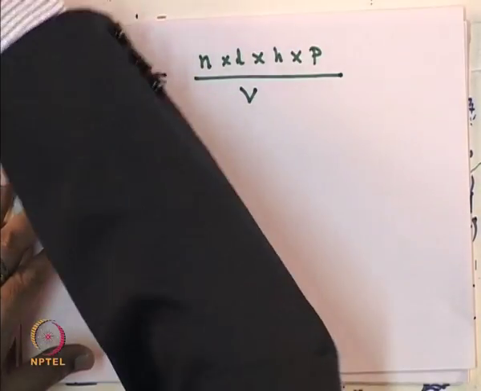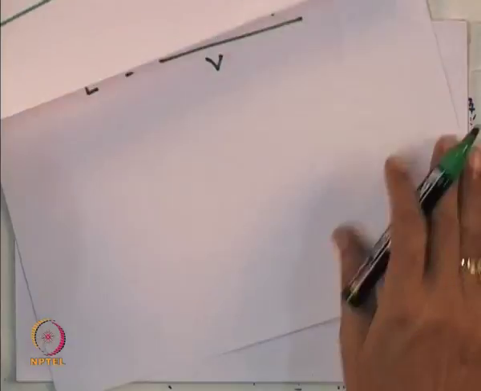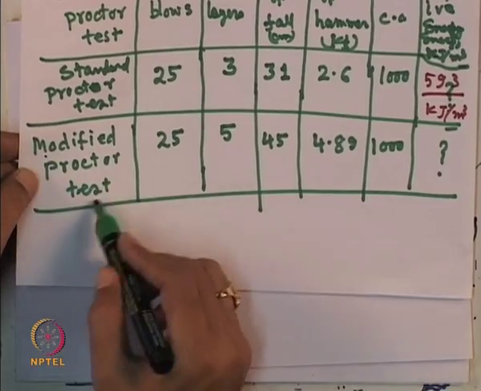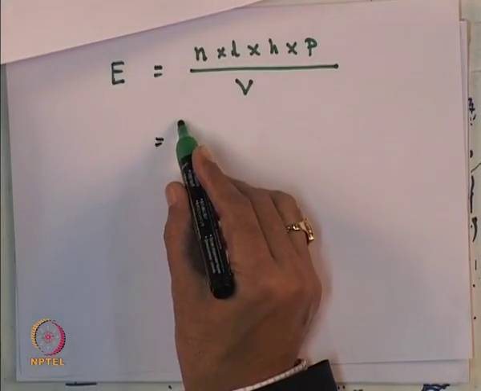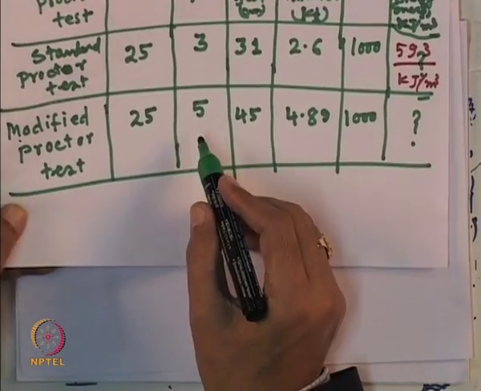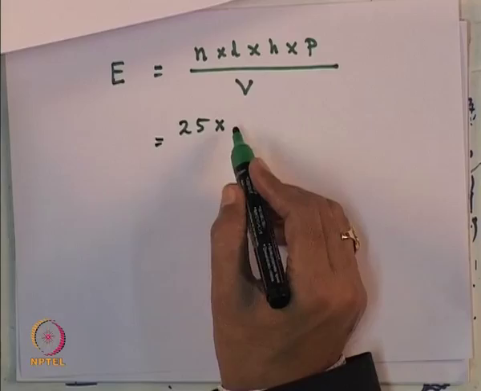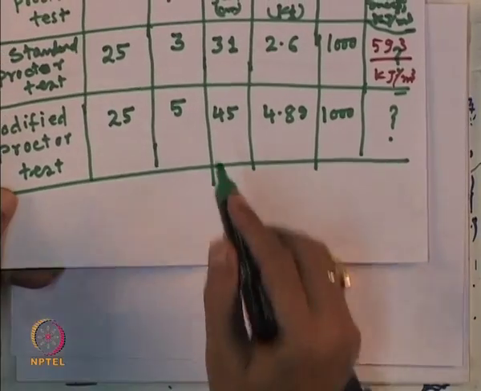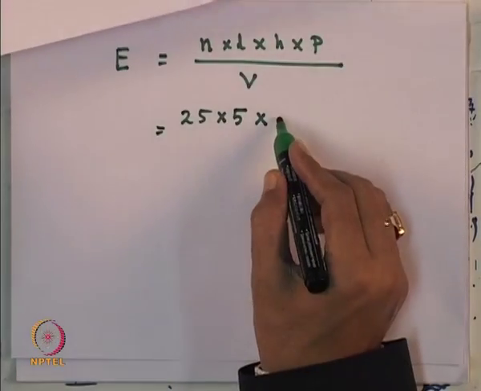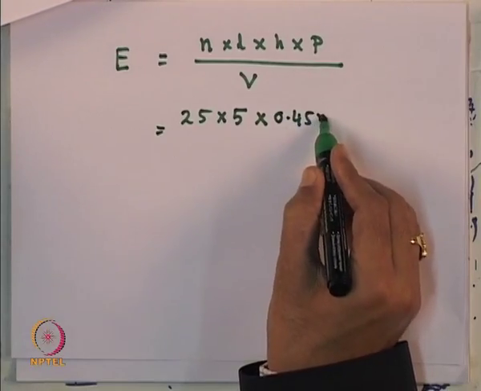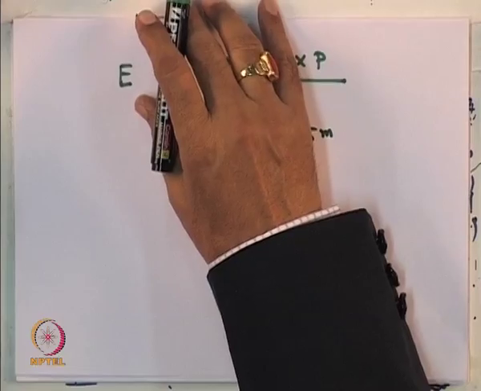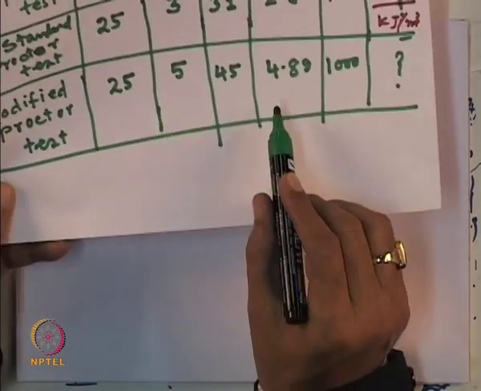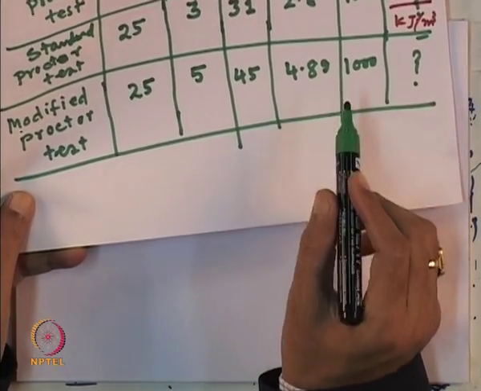So, in case of the modified Proctor test, this is the number of blows, and number of blows is 25. So, this is 25 and the number of layers is 5, and the height of fall is 45 centimeter. So, you can write 0.45, this is meter, this is height, and then P. Here P is 4.89 kg.